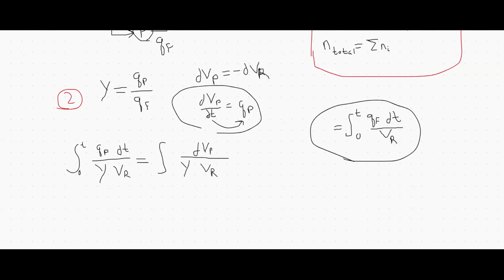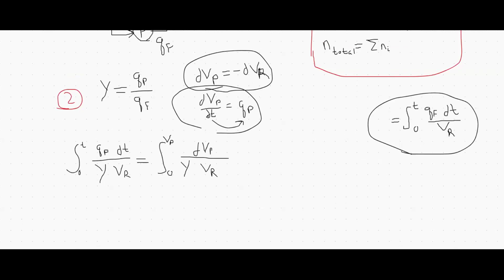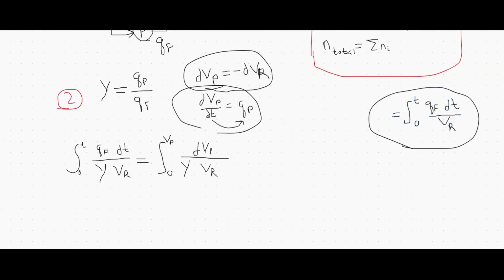And it would change the bounds from 0 to the final permeate volume. But then we can make use now of this last definition here that is saying the change in our permeate volume is equal to the negative change in the retentate volume. And then that's going to change our bounds again.